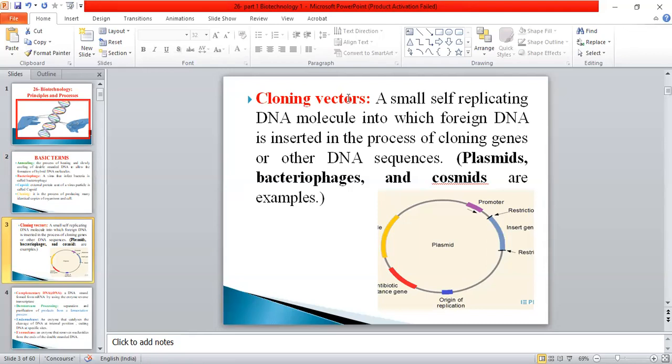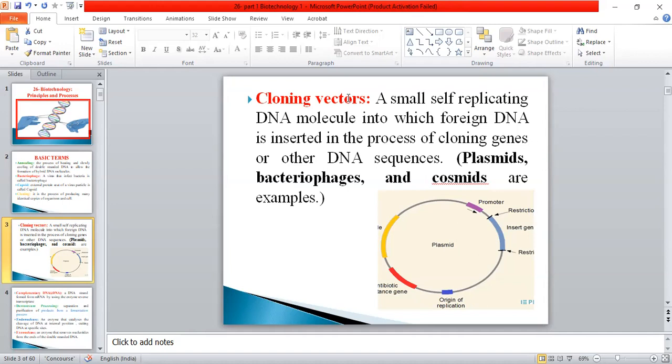Suppose we want to introduce a DNA molecule selected from a different organism. Take the example of A or B. Okay, already we saw it in yesterday's classes. With restriction endonucleases, we make a cut at the particular palindromic sites and remove it. The desired quality of the character will be introduced.